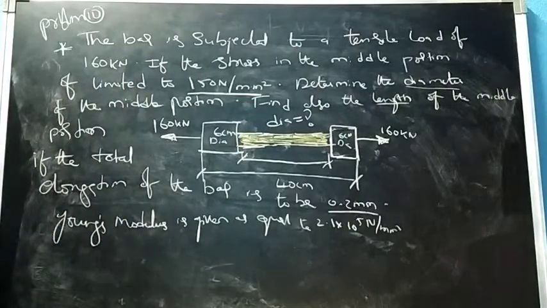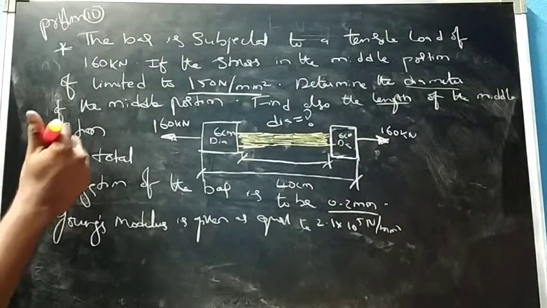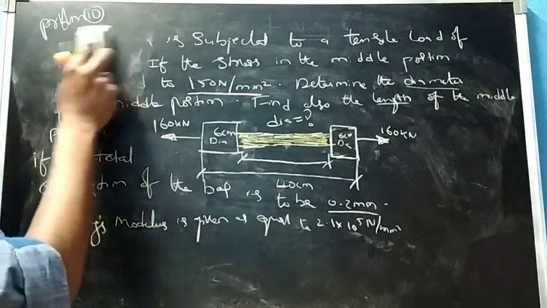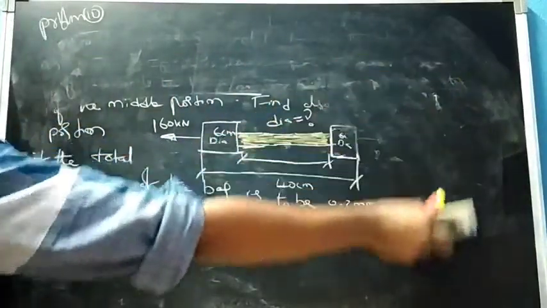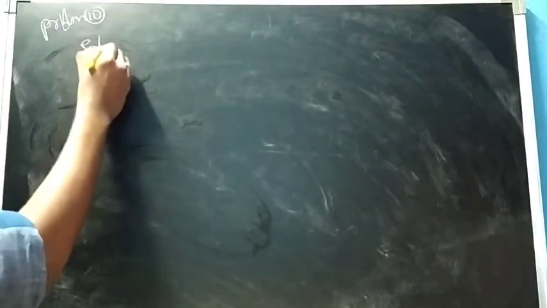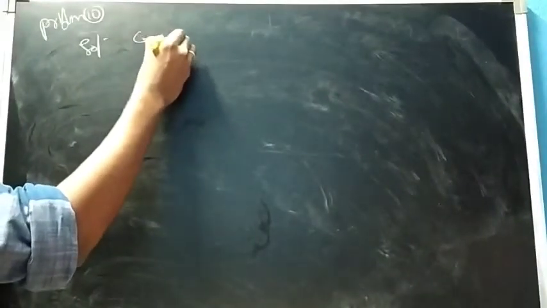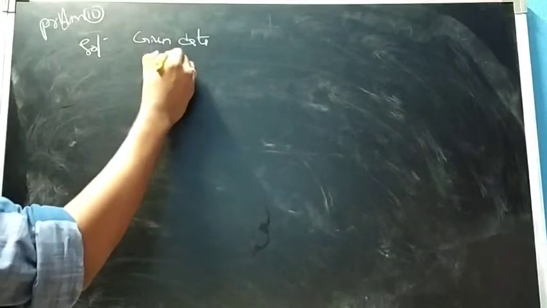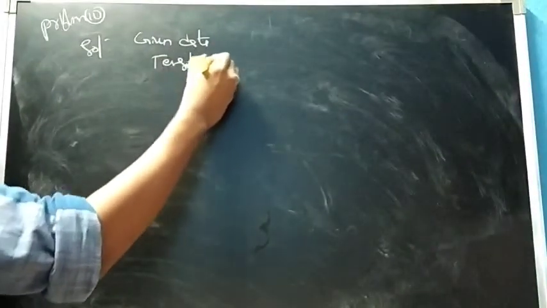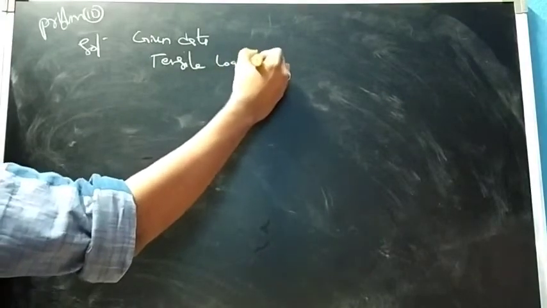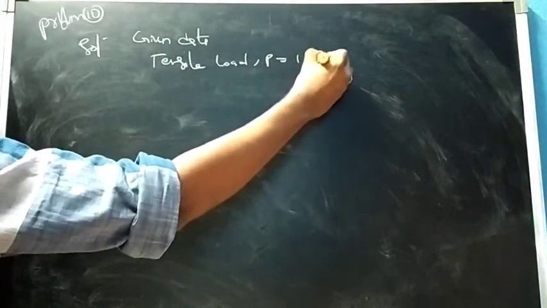So let us write the given data first. Right? So given data, the tensile load P is equals to 160 kilonewton, right?